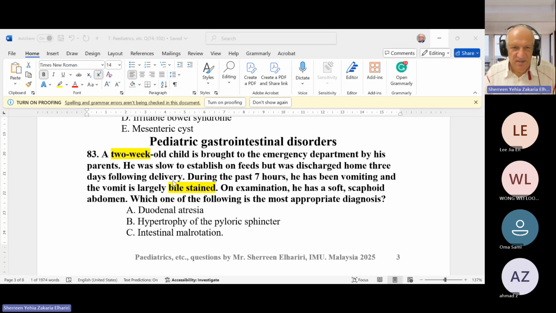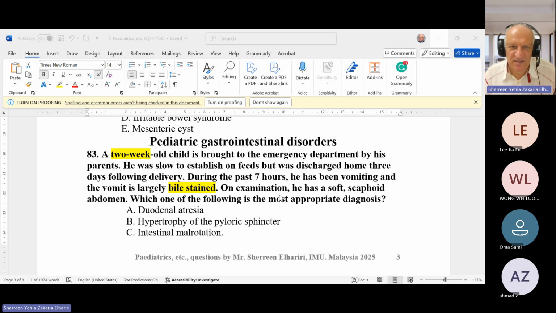It is important to know the color of the vomiting, because if the vomiting is not bile stained, it means this patient may have hypertrophic pyloric stenosis and needs an operation. But if the vomit is bile stained, maybe the pathology is below the duodenum, so something in the intestine.